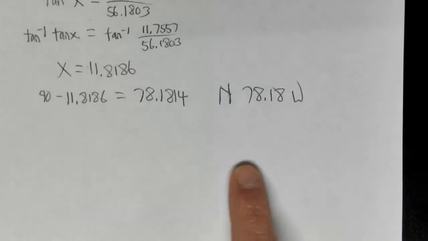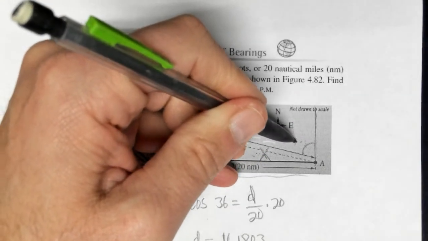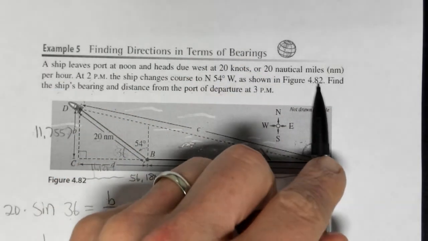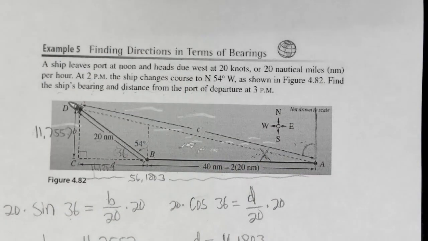So that would be the correct bearing. Since this angle is 78.18, a bearing of north 78.18 degrees west.